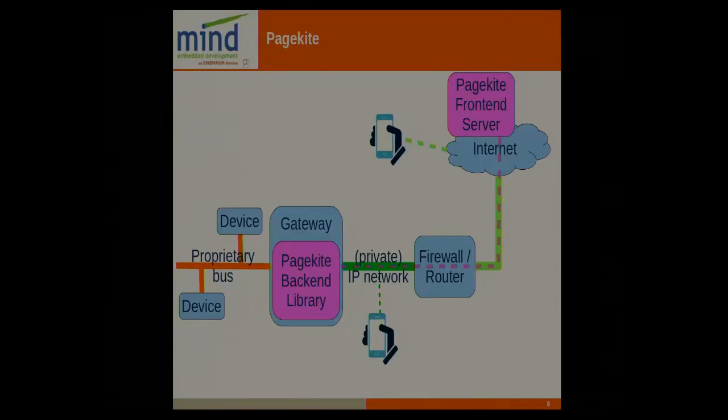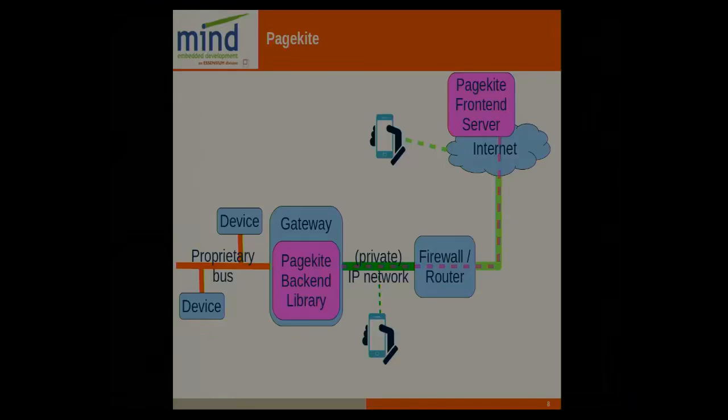And of course, Pagekite also needs a front-end server running somewhere on the public internet. And it's the Pagekite backend library that will connect to the front end and create a tunnel. And then your mobile app will talk to the Pagekite front-end server transparently like it would talk to the gateway immediately on your local network.